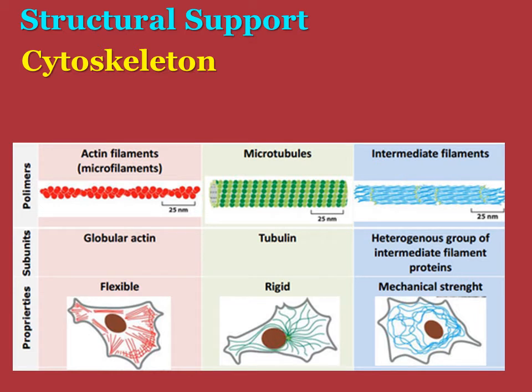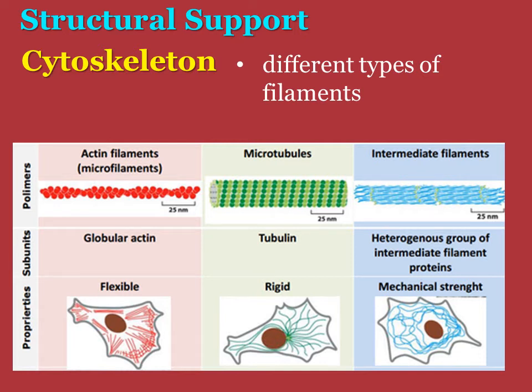Aside from size, they also vary in their protein composition. Microfilaments consist of thin actin filaments. Aside from maintaining cell shape, they are involved in motility via muscle contraction, cell division, and movement of organelles.